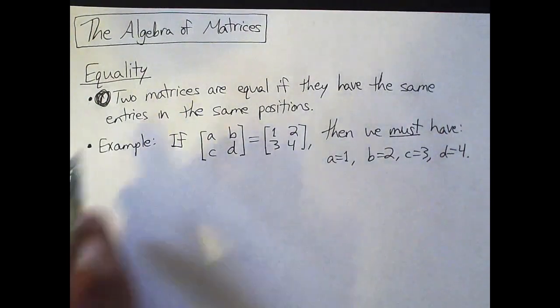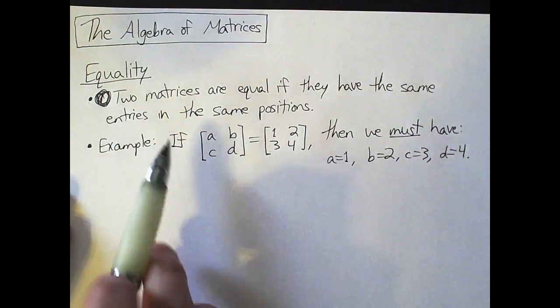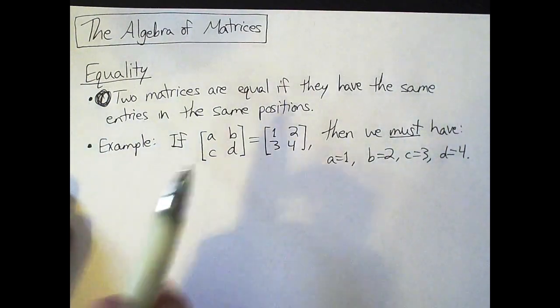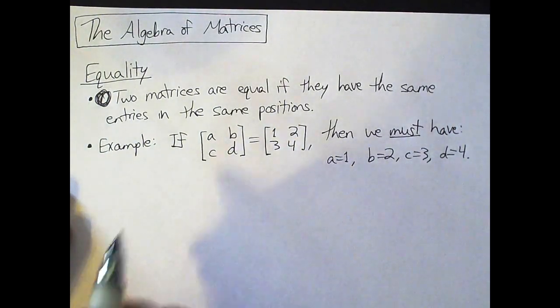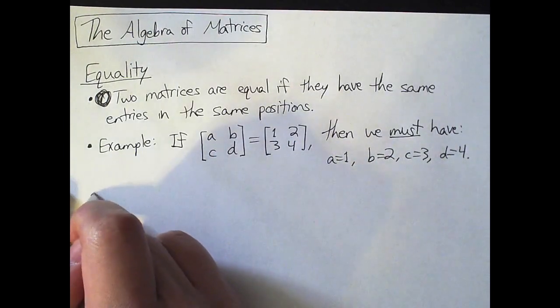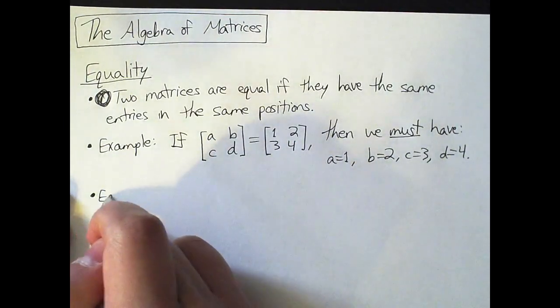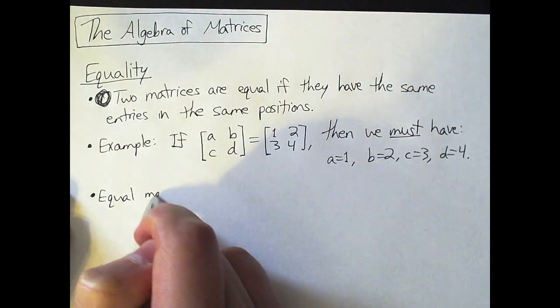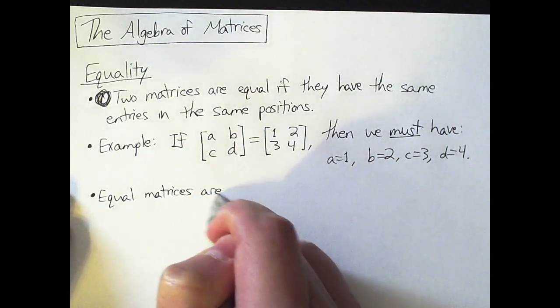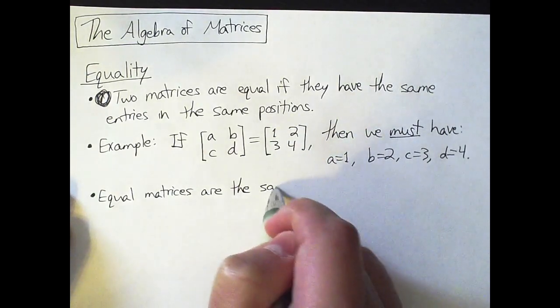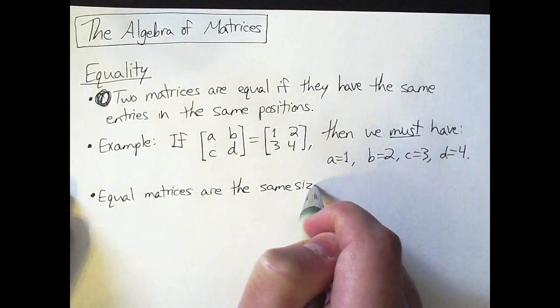Now, something that's built into this definition of equal matrices is that in order to have the same entries in the same positions, they must have the same size. Equal matrices are the same size.